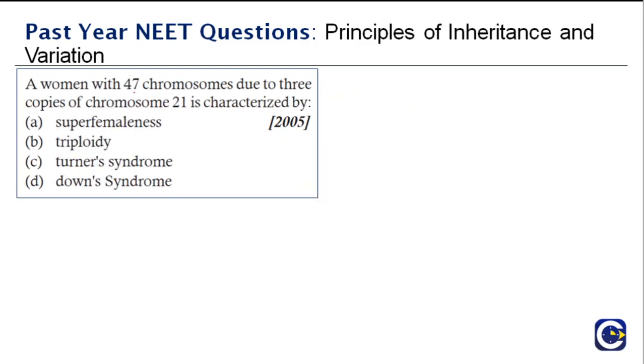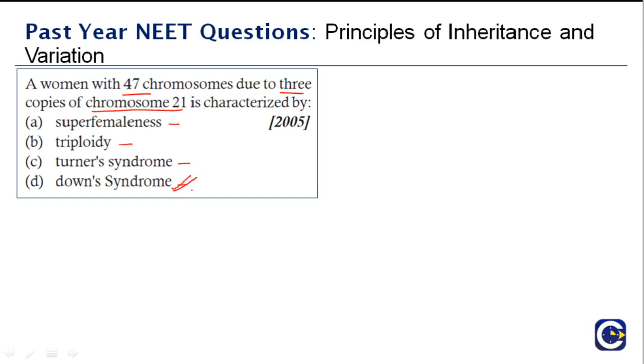A woman with 47 chromosomes due to 3 copies of chromosome 21 is characterized by... I think this question has been repeated in different ways so many times. So a woman with 47 chromosomes due to trisomy of chromosome 21 is: superfemaleness, triploidy, Turner syndrome or Down syndrome. So what is the right answer?